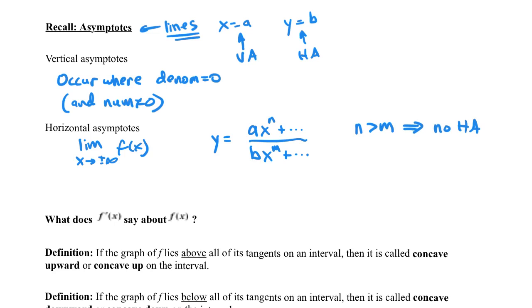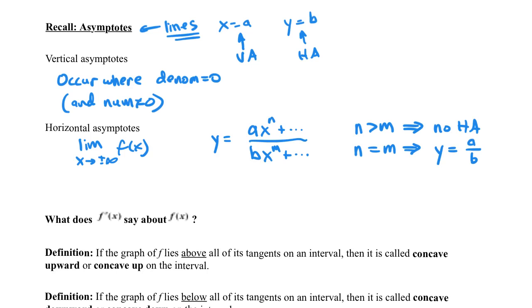And you would see that if you took the limit, if this power is bigger than this power, in the long term, this numerator will dominate the denominator and you'll get some sort of infinity there. So there'd be no horizontal asymptote. And then if n equals m, so if these powers are the same, you'll get a horizontal asymptote. You'll get y equals a over b.